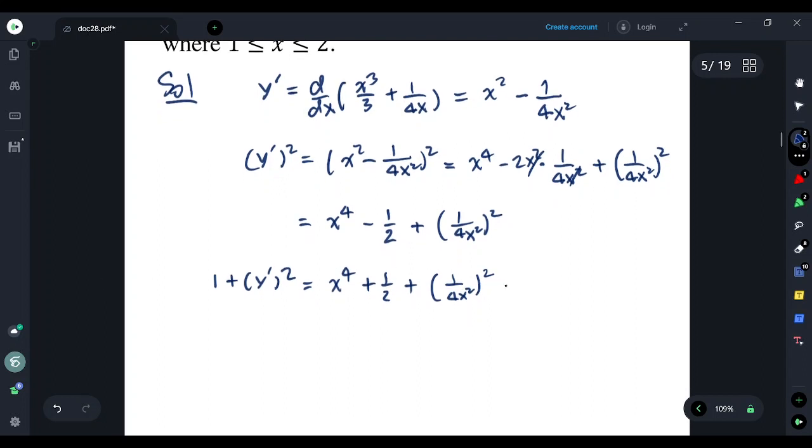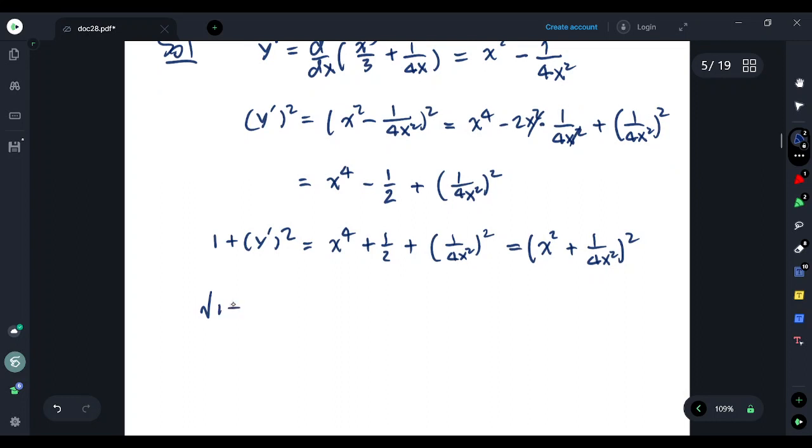And observe that this is precisely equal to x squared plus 1 over 4x squared, all squared, right? So when you take the square root of 1 plus y prime squared, it's going to be x squared plus 1 over 4x squared.